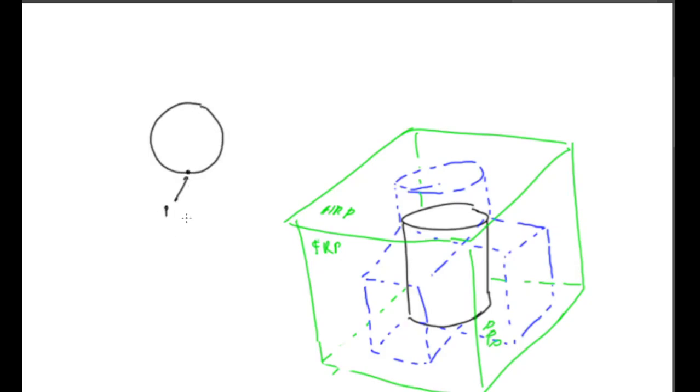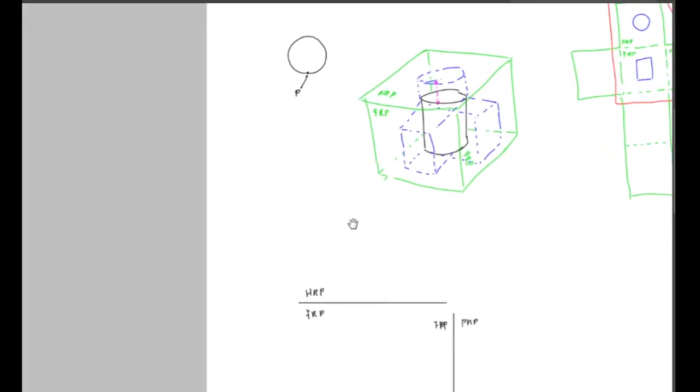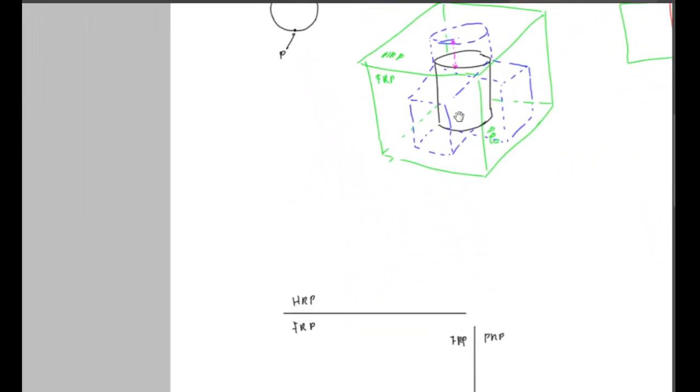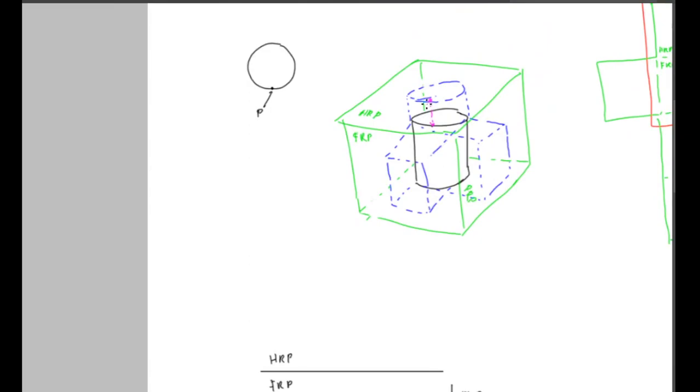Okay, let's call this point P. If this is our point P, if we were to project it upwards, and let me use another color for this one, this point P projected should be somewhere there, and it should be this distance.